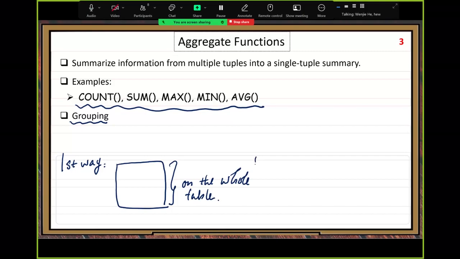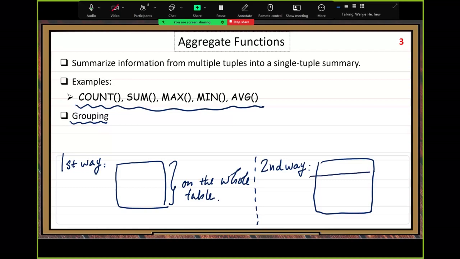But there is a second way. Given a table, before we apply these aggregate functions, we divide this table into several subsets, or subgroups.